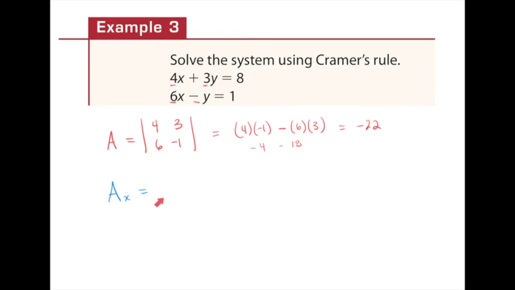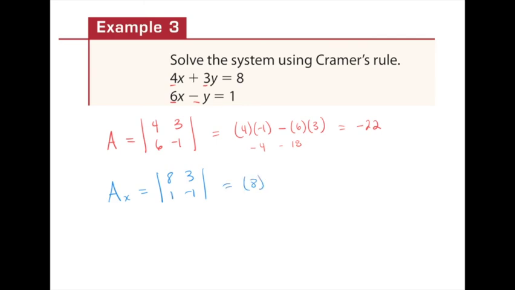Instead of writing 4 and 6 right here, I'm going to write 8 and 1, and then I'm going to leave my y column alone. So I'm going to say 3, -1. All I did was replace my x column with my answers, 8 and 1. Everybody see?